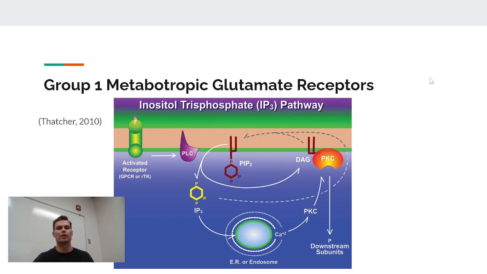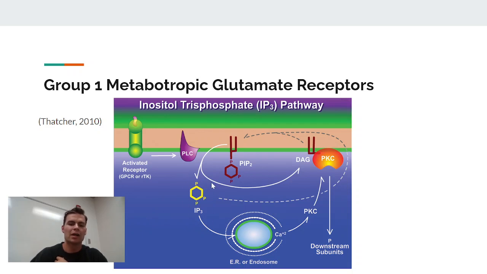So here, for group 1 metabotropic glutamate receptors, the ligand is going to come and bind to the glutamate receptor. Glutamate's going to bind. And then the alpha subunit, as we talked about, is going to be activated, which is then going to go and activate PLC. PLC is then going to cleave its substrate to produce water-soluble IP3.